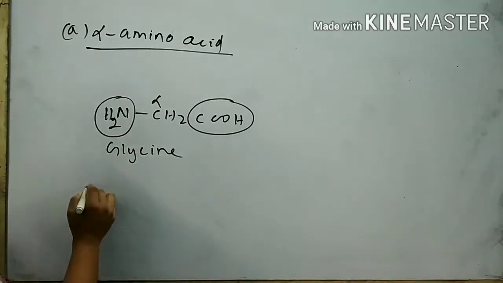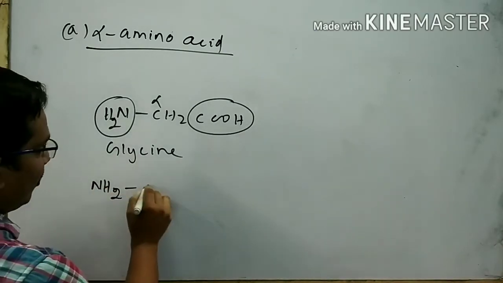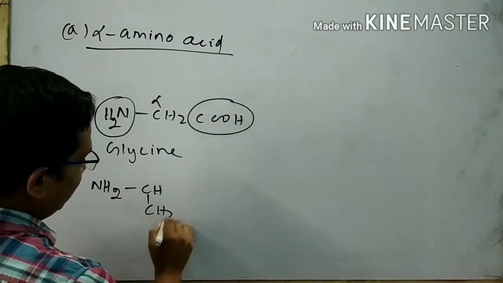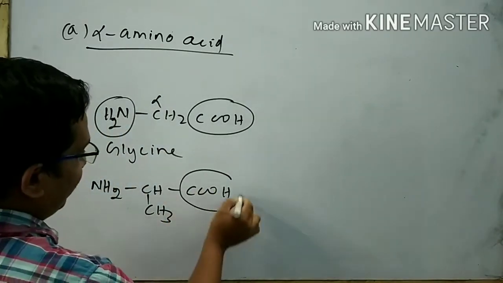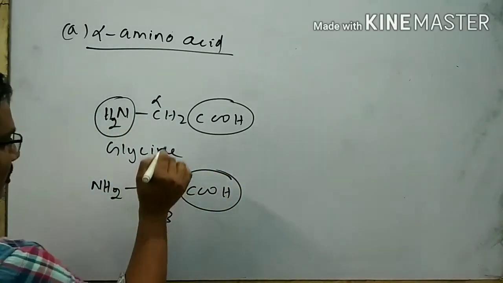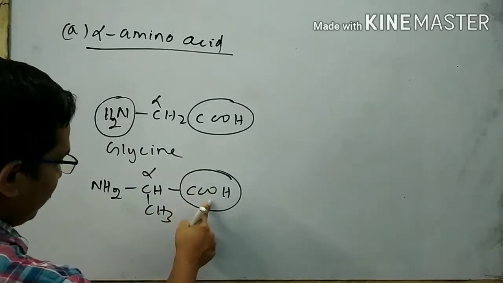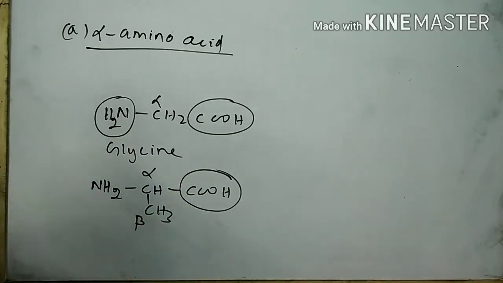Similarly, you can take another example: NH2-CH(CH3)-COOH. Look at that, this is the carboxylic group and this carbon is considered the alpha carbon with respect to this group, and this is the beta carbon with respect to the COOH group.